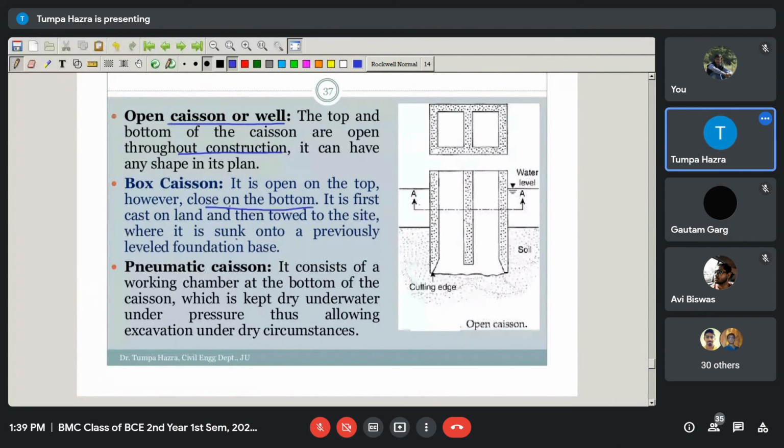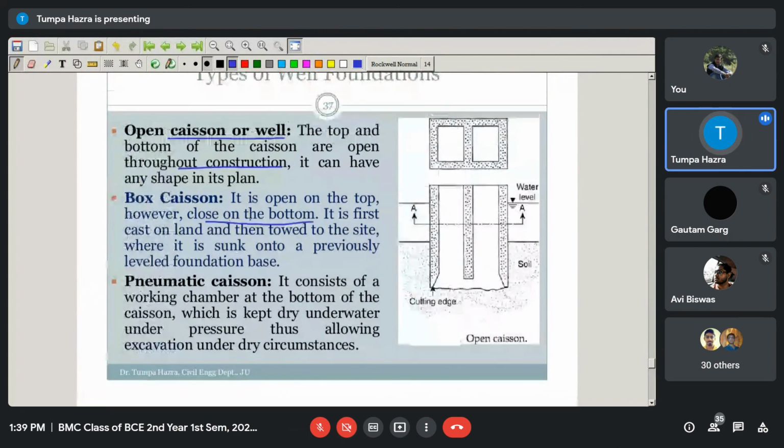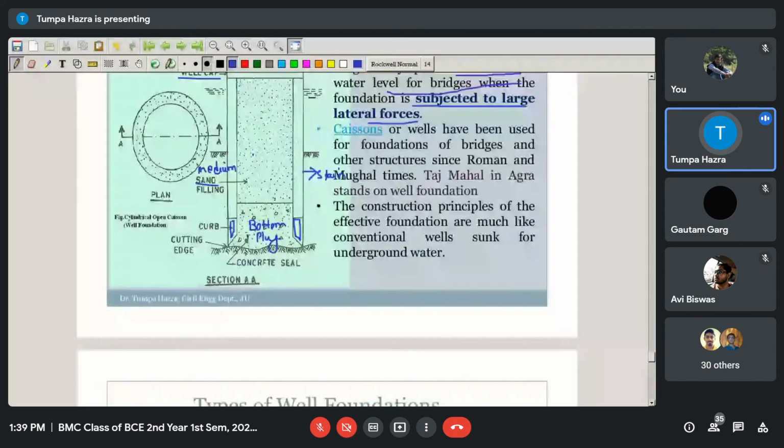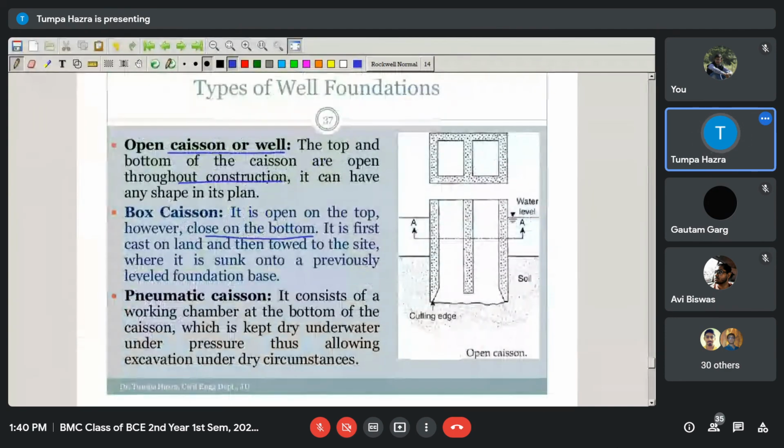Here I have shown you that the whole portion is open. It is a hollow structure, cast at the sea, but it is open at the top and closed on the bottom.